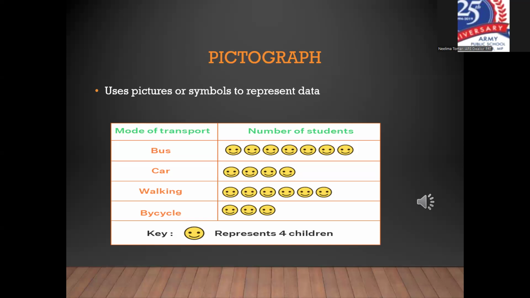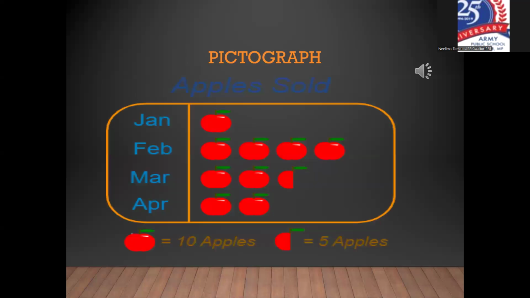This picture helps you to understand at a glance the different modes of travel used by students. The following pictograph shows the number of apples sold in the month of January, February, March, and April. Now here, one apple is representing 10 apples. One image of apple is representing 10 apples and half image of apple is representing 5 apples.